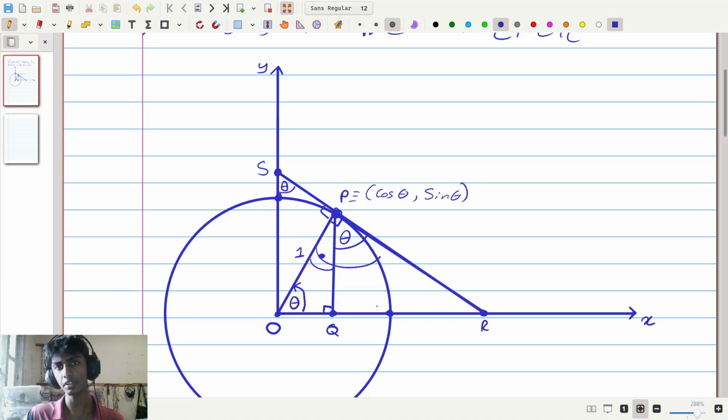This total angle is 90 degrees, and therefore this extra angle here is theta degrees or theta radians. Similarly, this whole angle is 90 degrees or pi by 2 radians. So that means this angle is pi by 2 minus theta, which means this angle is theta, since this is a 90 degree angle.